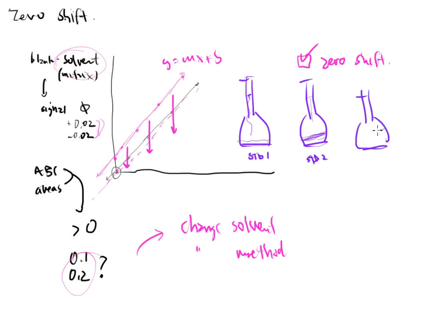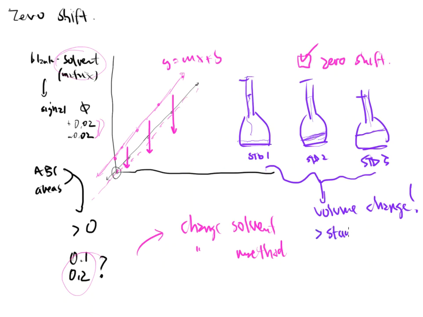Standard number 3, I put a little bit more standard, and I put less and less solvent in it. So what I'm trying to get to is that when you prepare your standards, the volumes of each one of these are changing. Meaning that you're typically putting more and more standard in the volumetric flask, and you're putting less and less solvent in it as you dilute it to the line.